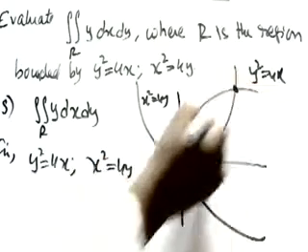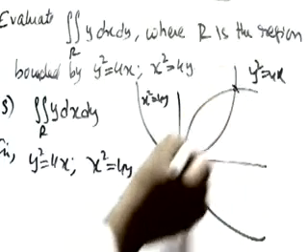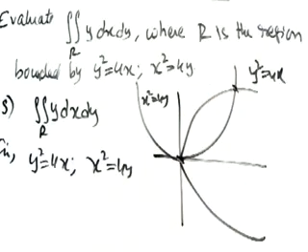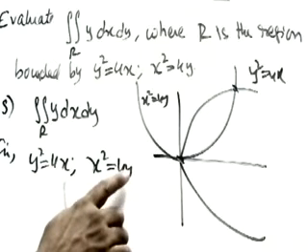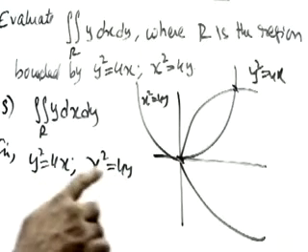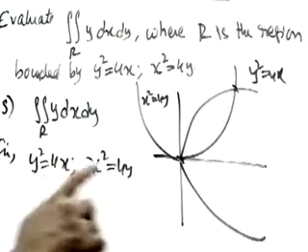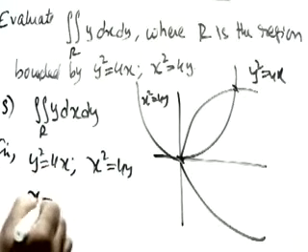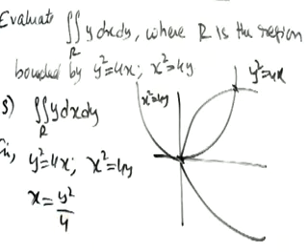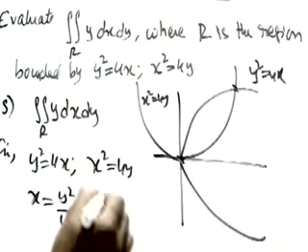We have to find first the intersections here, from where to where we have to take the lower limits and upper limits. We have to solve for these points. So to solve, let me substitute x from here to here. Bring this 4 here, x equals to y square by 4.